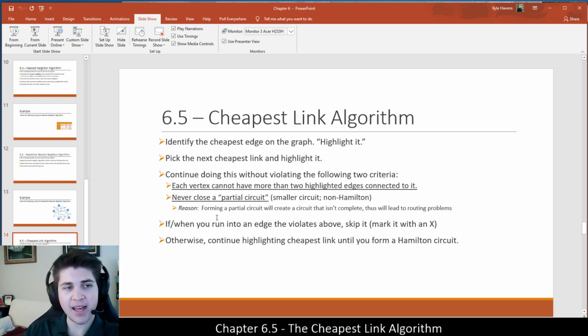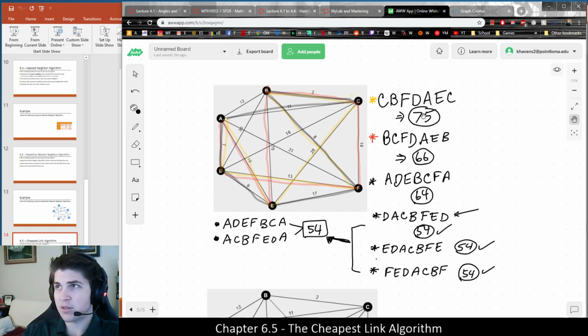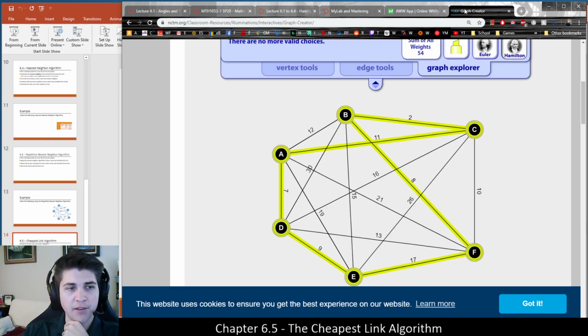Like when we started from A on that previous example, we got a pretty terrible result in comparison, right? Because we got a circuit which cost $75 as opposed to 54. Quite a big difference. So the cheapest link algorithm is a little bit more of a direct way of finding a really solid answer, also not perfect though.